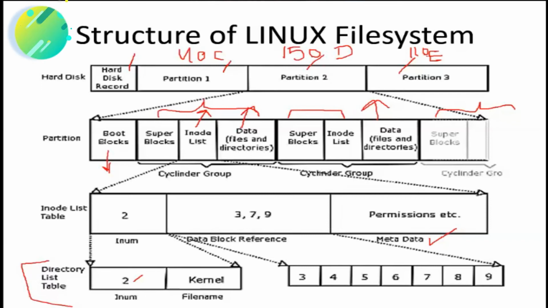When you click on MCA, he identifies the name MCA and tries to find out its inode number. Then he will point you to that particular file. So when you double click on the MCA folder, it takes the name of the folder, identifies its file number, and then points you inside that particular file. Then again, when you double click on the Linux folder, it again takes the file name first, identifies its inode number.